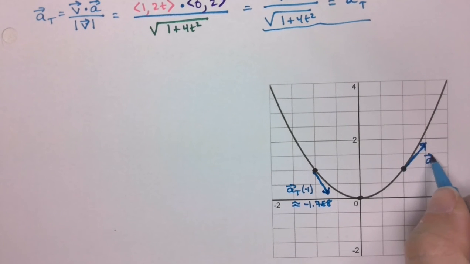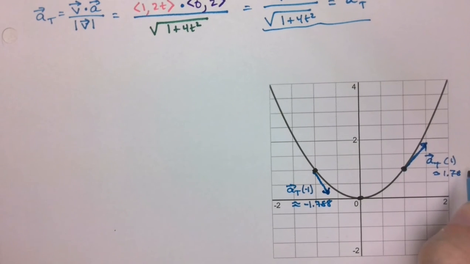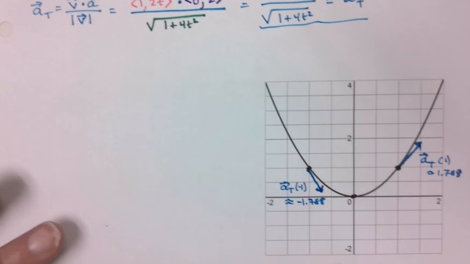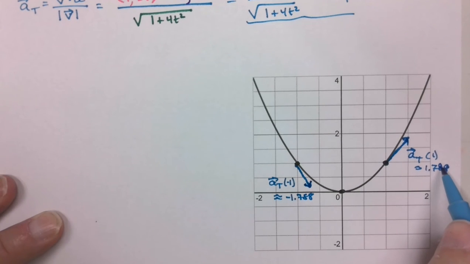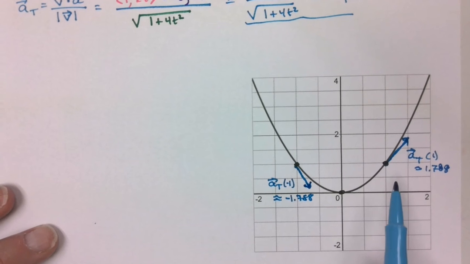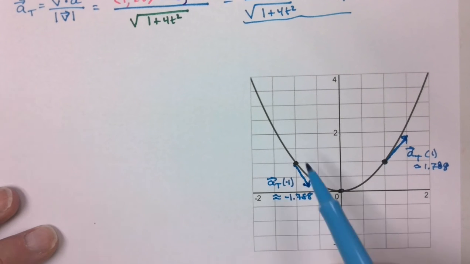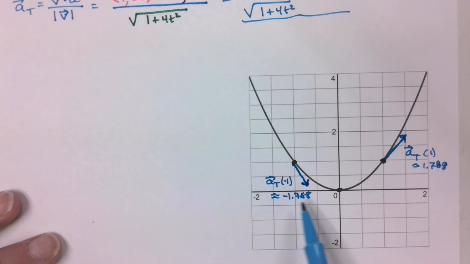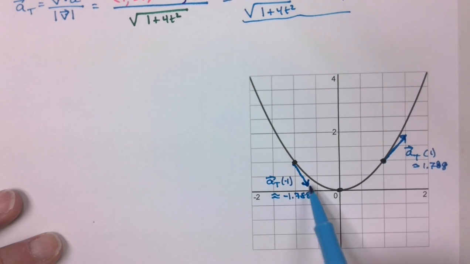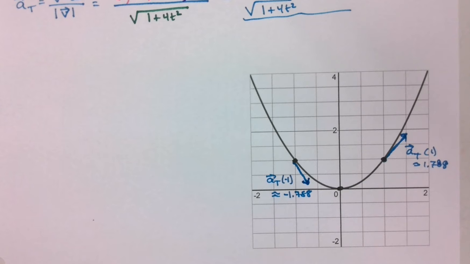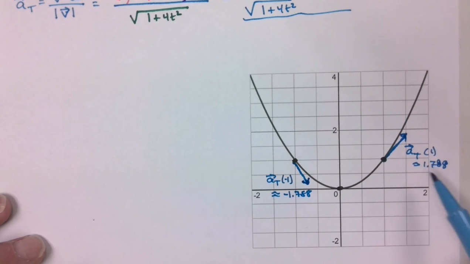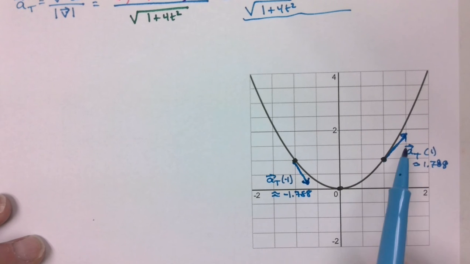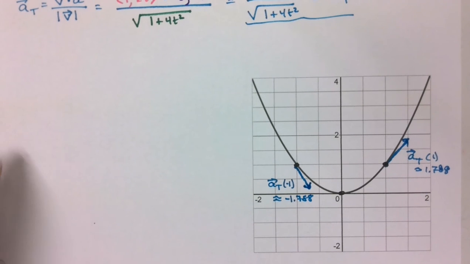So this is A_T of 1, and that's 1.788. Oops, had some issues with the paper there, but it's 1.788. And so these two pieces of that tangential vector should be the same because the tangent vector, of course, is a unit vector. And since these scalars are the same size, then you're taking the same component of that tangent vector. All right, so my acceleration here is downward, negative. My acceleration over here is positive, climbing. All right, so we've got that.